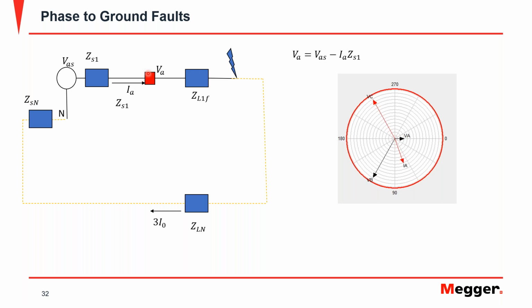We have conditions such as this, where the magnitude of the voltage present in the faulted phase can be too low, so low that we don't have enough magnitude of the voltage to make a decision about the directionality of the function.